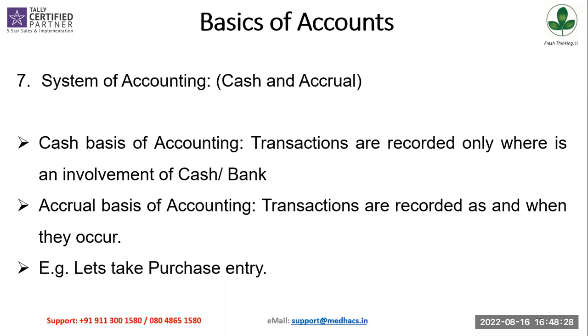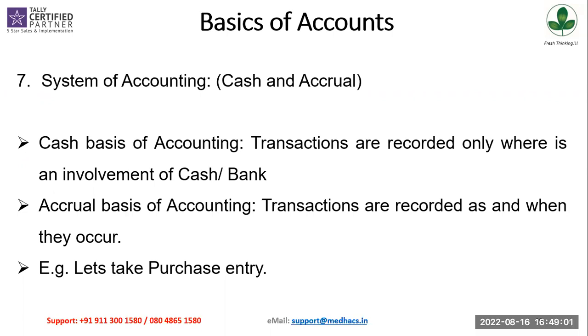Now, if I'm accounting these two transactions on cash basis, how do I account this? First thing is very clear. I purchased by paying 1,000 rupees cash, so I just accounted it as debit purchase and credit cash, and the account is closed. In the second transaction, where I purchased on credit and cash is not involved, in cash basis of accounting that doesn't get recorded at all.